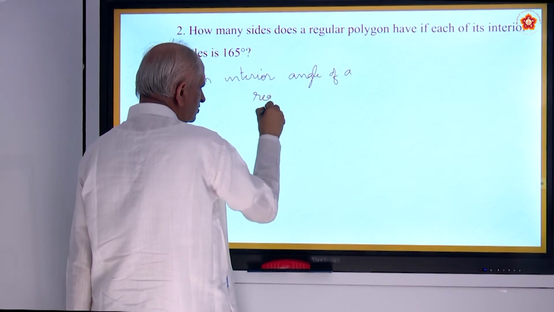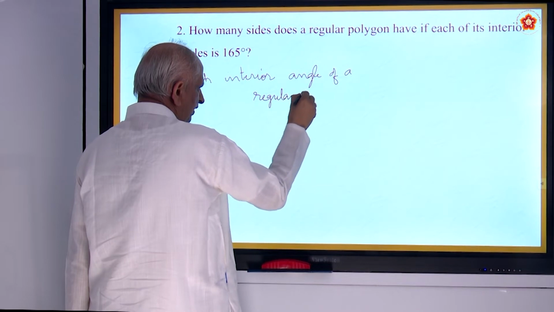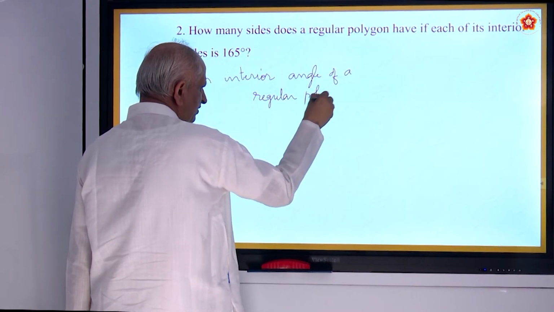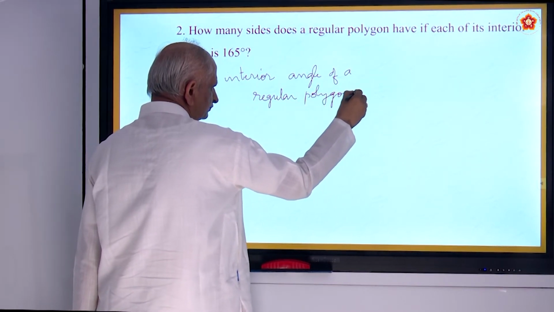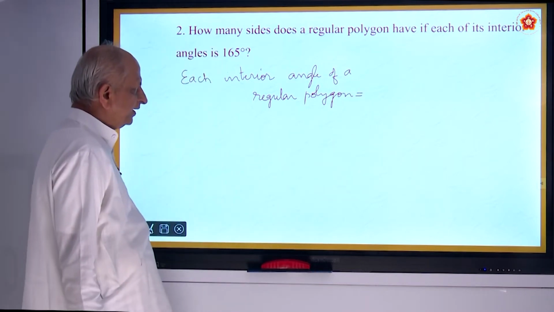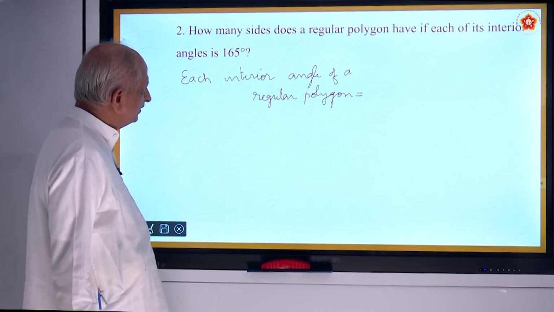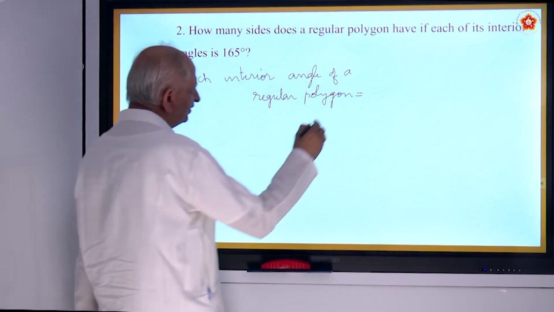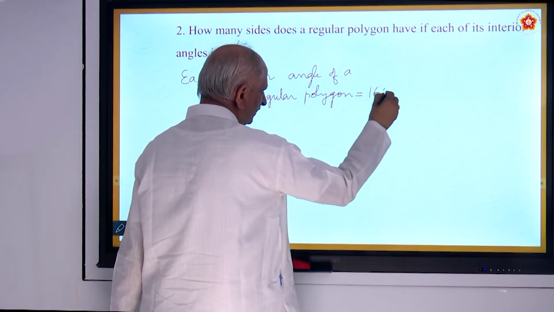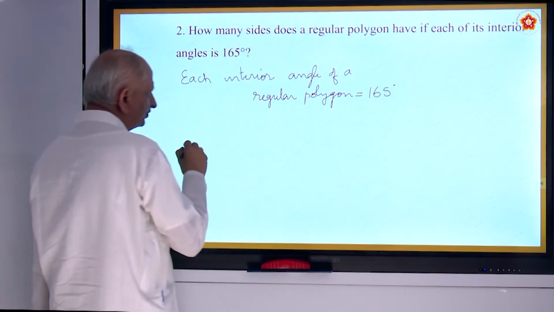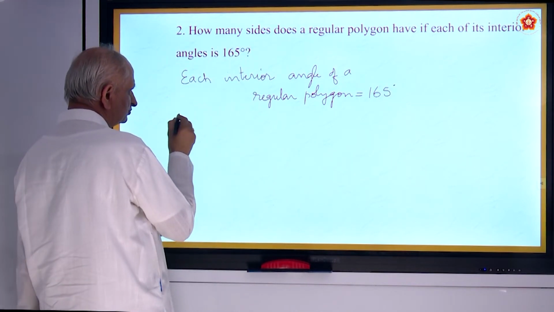Come on, write down. Any clarification you want? You know what a regular polygon is, no? A polygon having all the sides equal. So each interior angle is given to be 165 degrees.